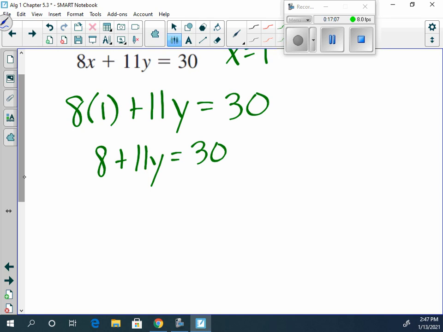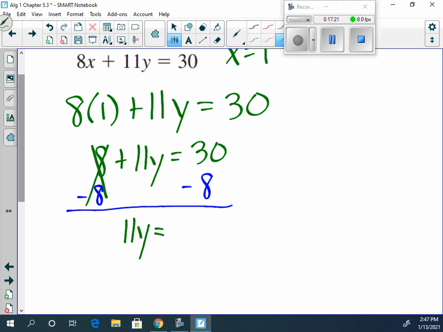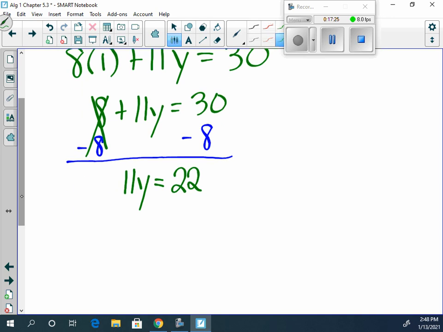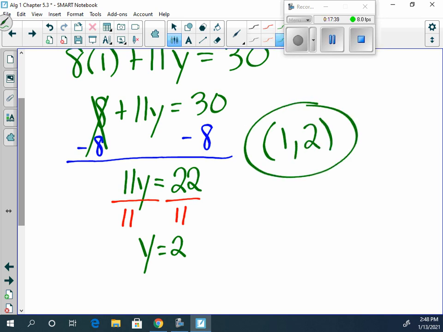And again, we want to get y by itself, so the first thing we can do in getting y by itself is to subtract 8 from both sides. 11y is equal to 30 minus 8, which is 22. And last but not least, we divide both sides by 11. Okay. So the solution is 1, 2.